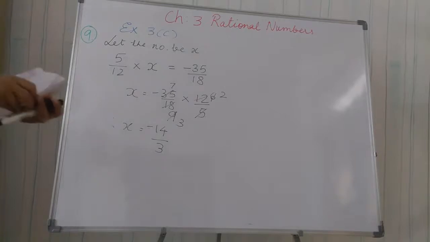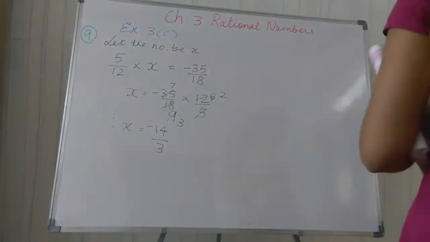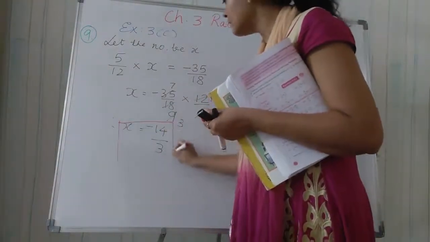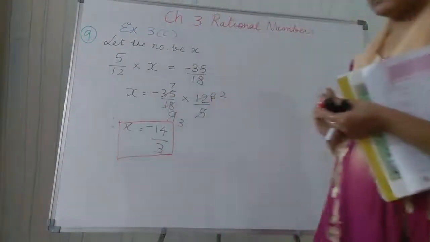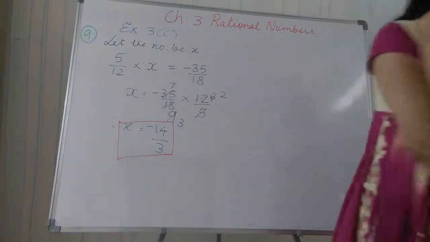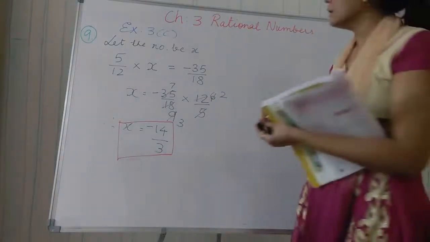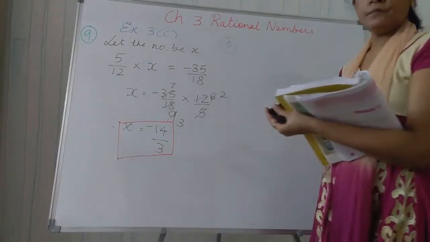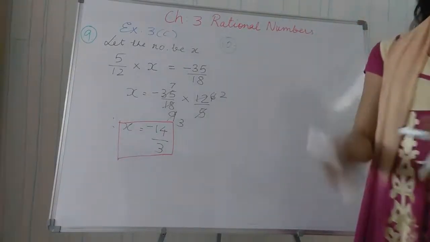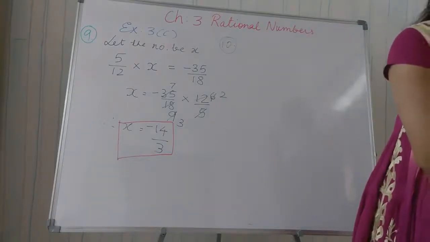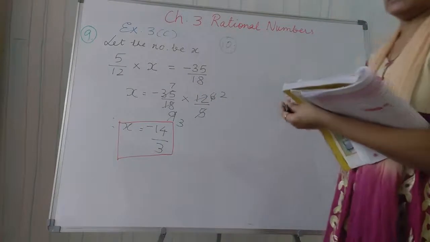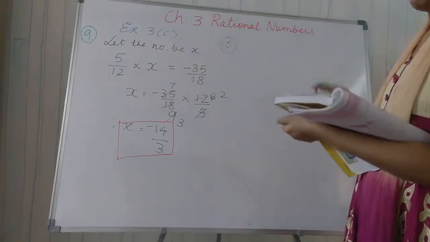So this is our answer to question 9, I am highlighting it: minus 14 by 3. Now let us move on to question number 10. In this question, you see, by what number should minus 55 by 18 be divided to get minus 22 by 9?